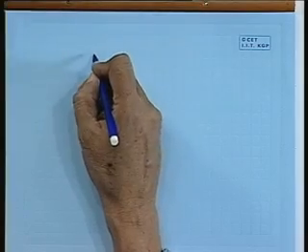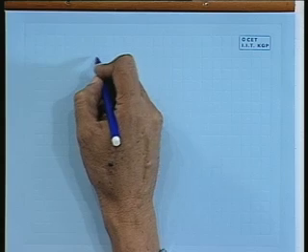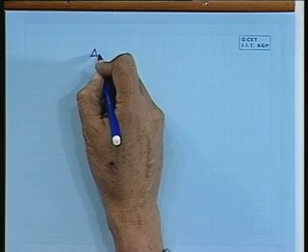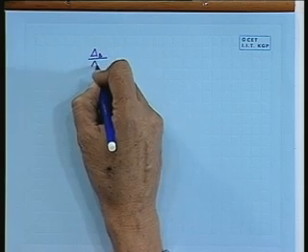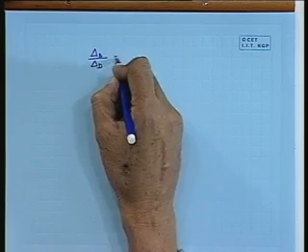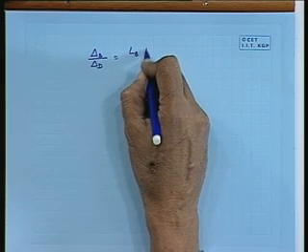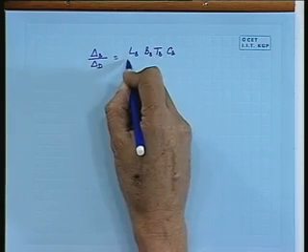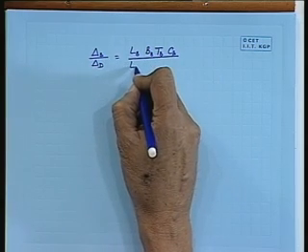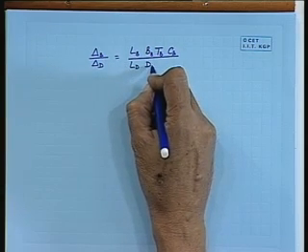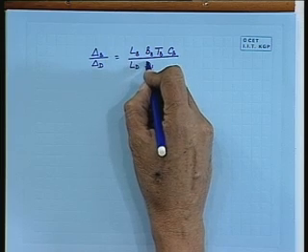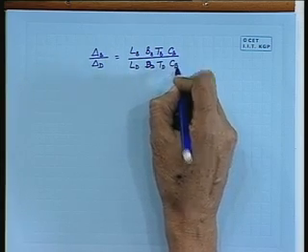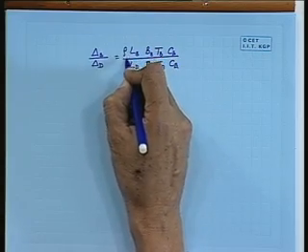In that case, we can write that delta B by delta D is equal to L, length, breadth, draft and CB of the basic ship by length, breadth, draft of the design, CB, rho of water.